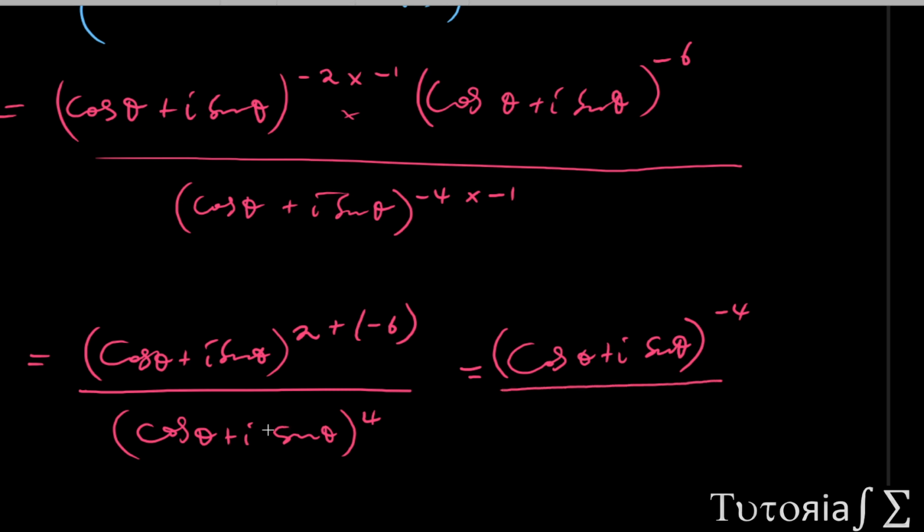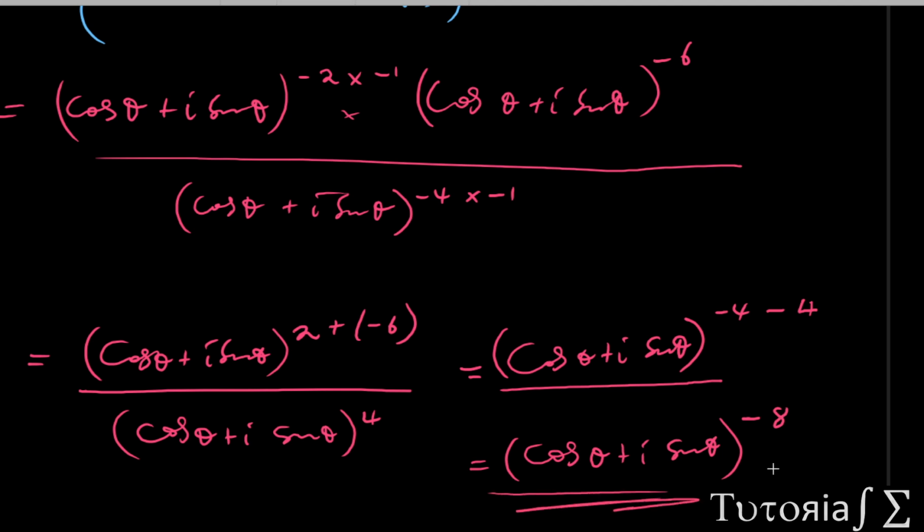Since again these are dividing and they have the same bases, the powers will subtract. So this will be minus whatever power we have here, which is 4. So basically this simplifies to cos theta plus I sine theta raised to the negative 8. Okay, so that is the simplification.